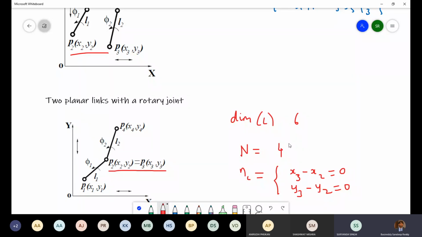So in this case, 4 will be there. So what are those 4? X1, Y1, Phi1, Phi2. X1, Y1, Phi1. Will it be Phi2? Yes. Phi2 minus Phi1?